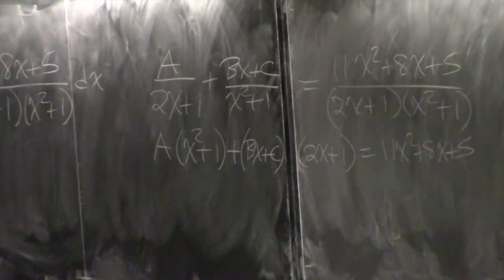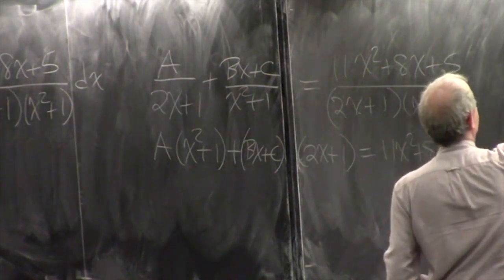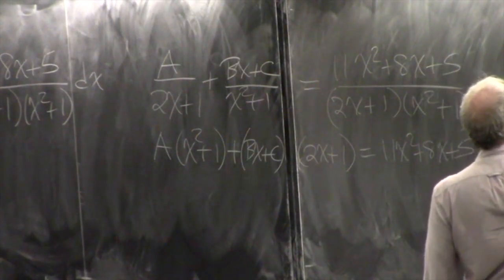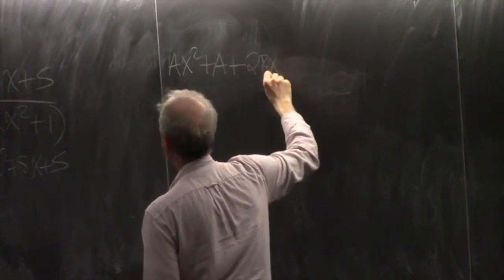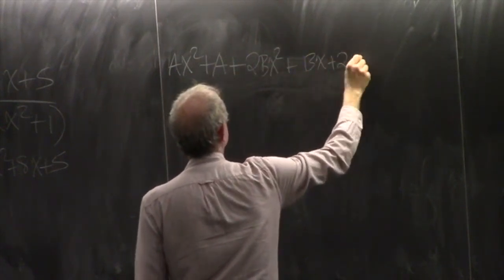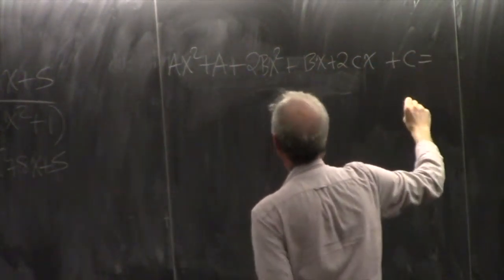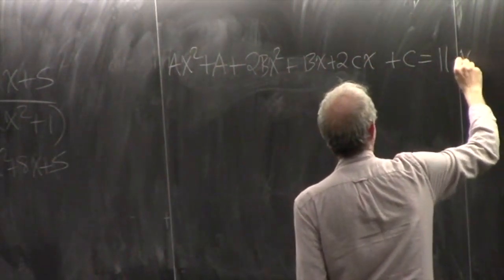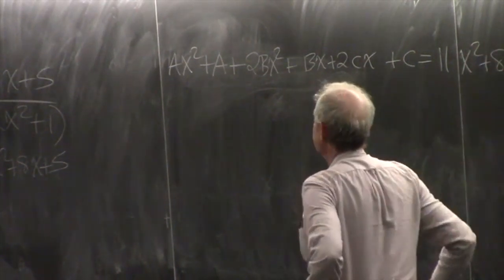Okay? So now let's do some algebra. FOIL out the left side, and you're going to get Ax squared plus A plus 2Bx squared plus Bx plus 2Cx plus C equals 11x squared plus 8x plus 5.